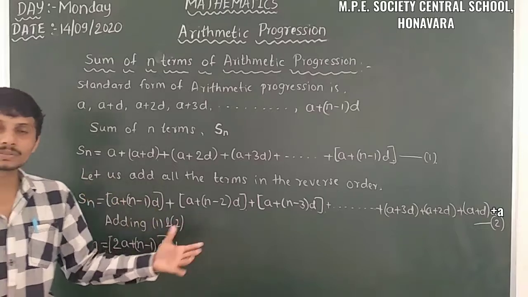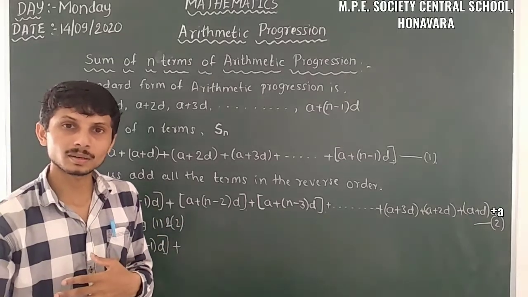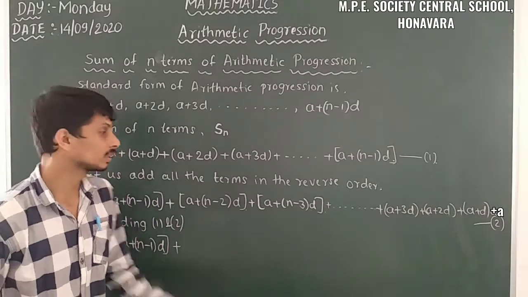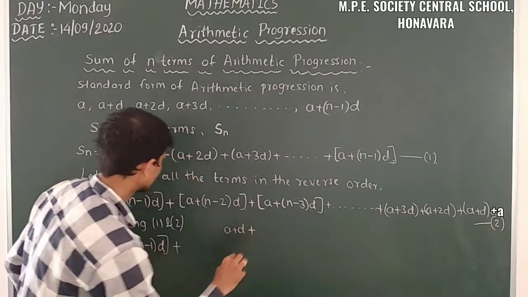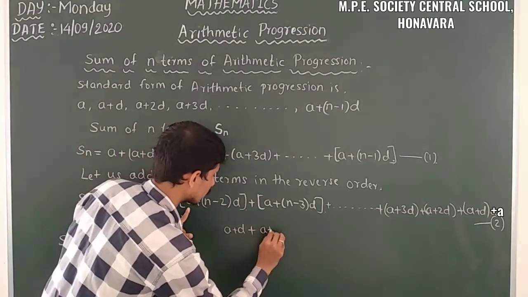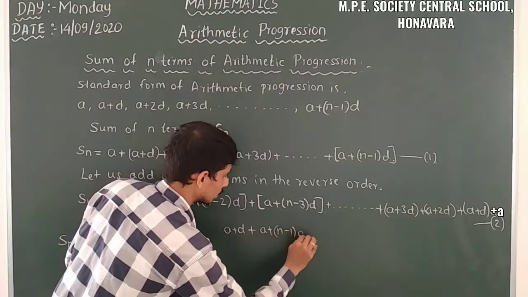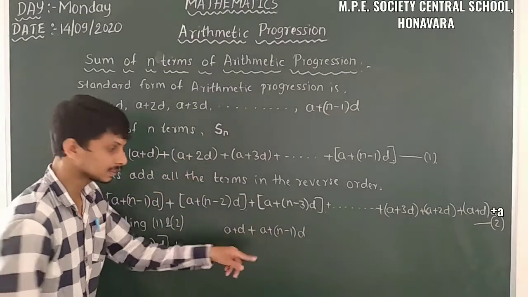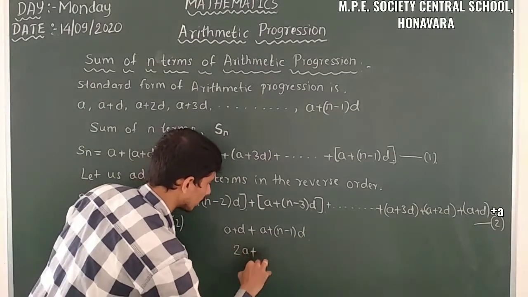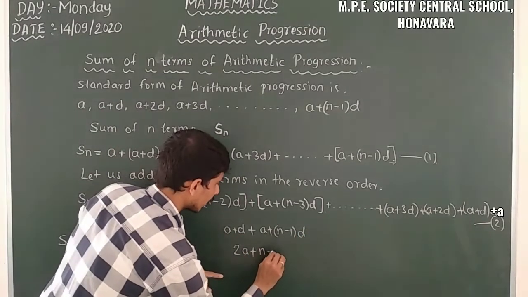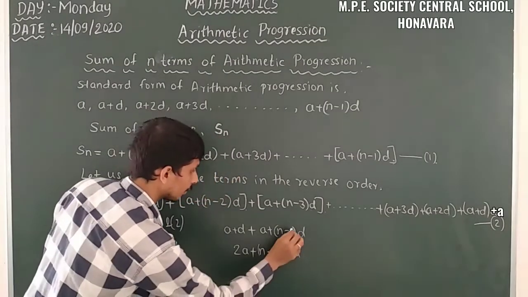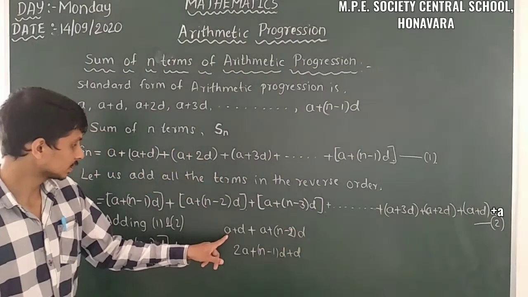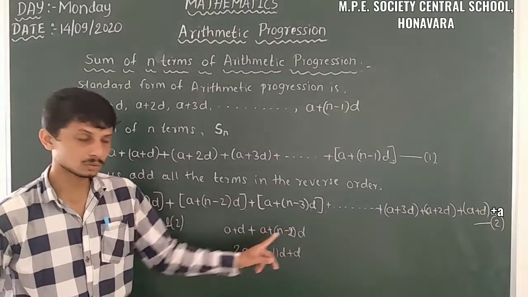So you can take a rough part and calculate it there. Just observe: a plus d plus a plus n minus 2 into d.